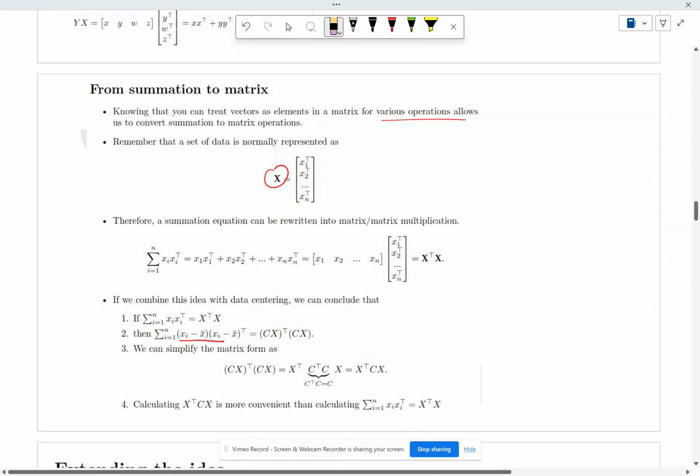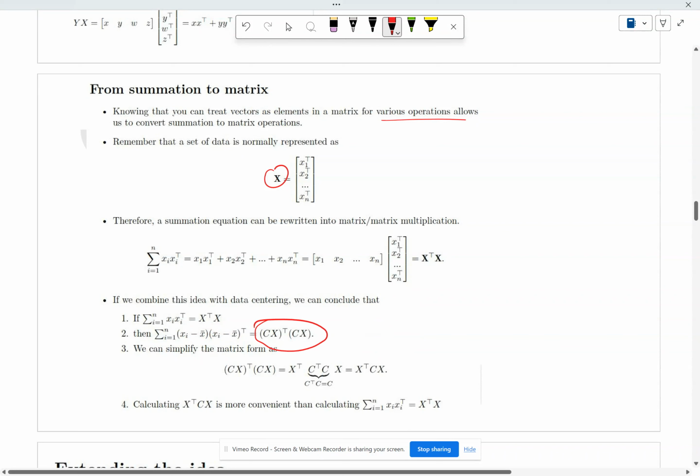I'm going to denote this as x bar transpose x bar. So you can calculate this, the multiplication of x minus the centering, basically just with the dot product. And this is very, very powerful.